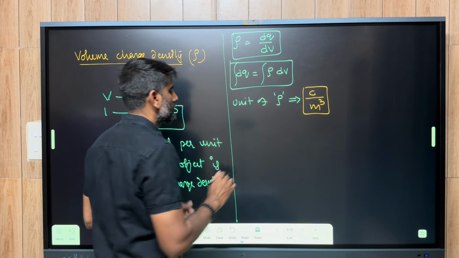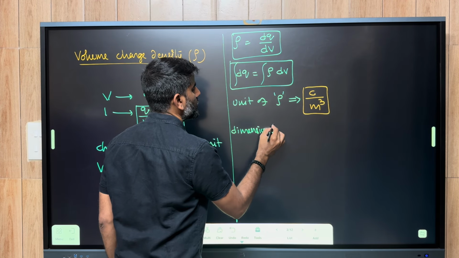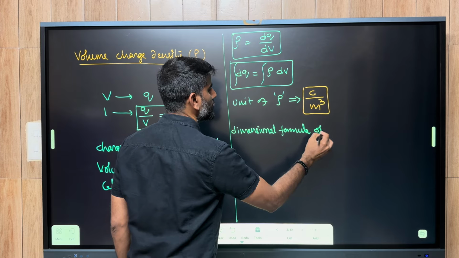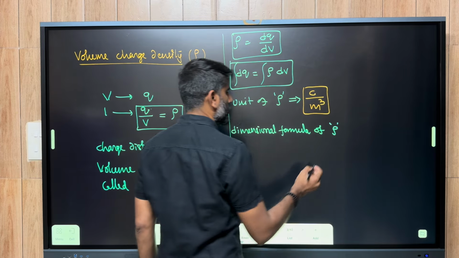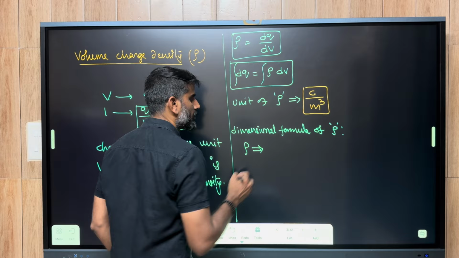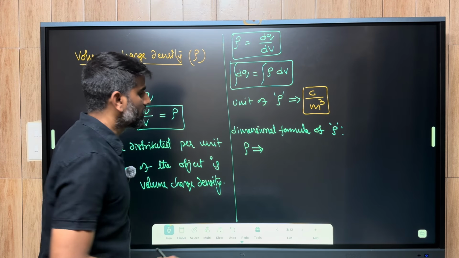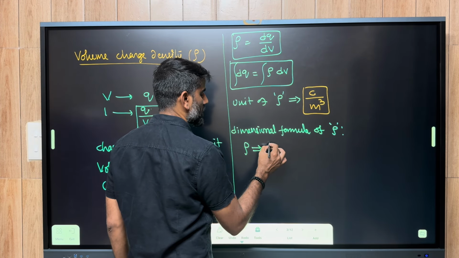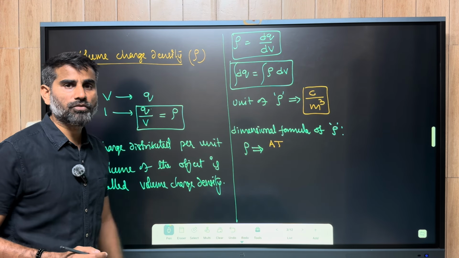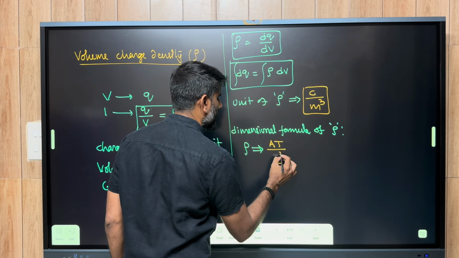Now coming to the dimensional formula of rho. As you can see in the formula, we have charge in the numerator. The dimensional formula of charge is A times T. The unit of volume is meter cube, so the dimensional formula of volume will be L3.